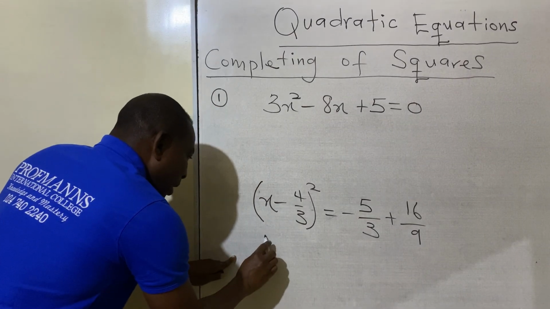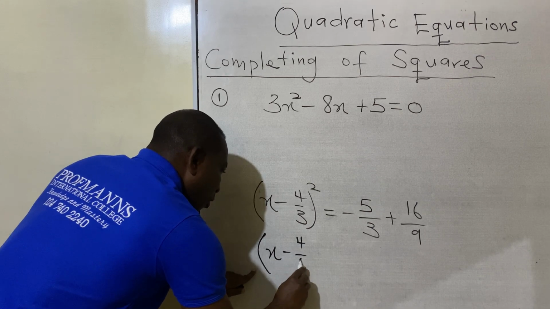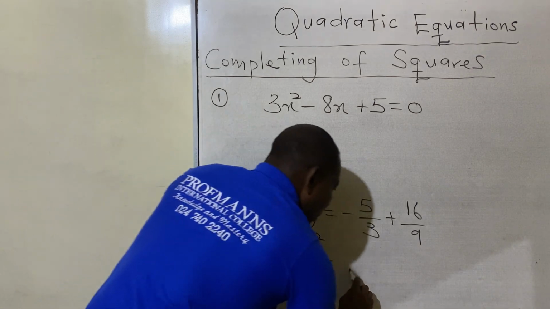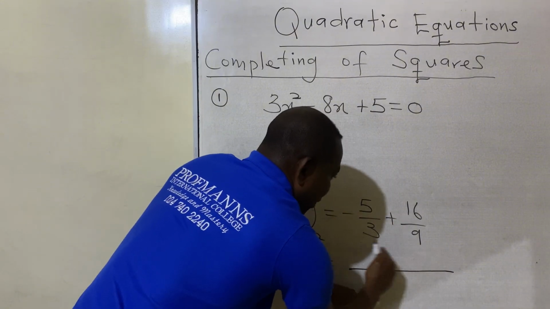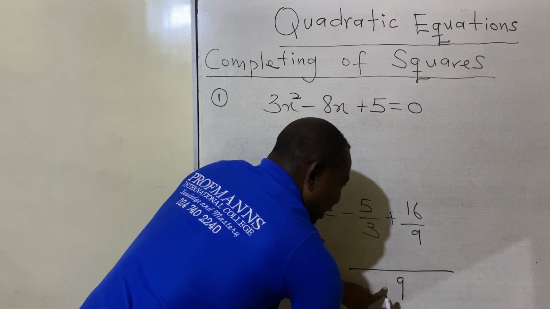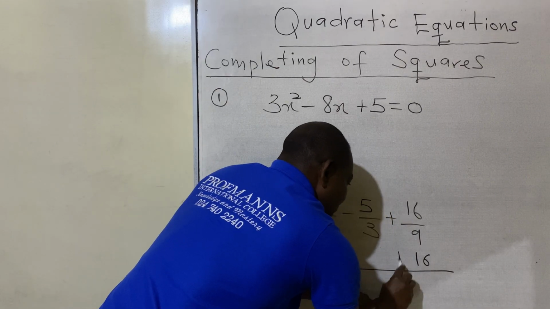Here we have x minus 4 over 3 squared is equal to, we find the LCM of the denominators, which is 9. 9 goes into 9 once, 1 times 16 is 16.